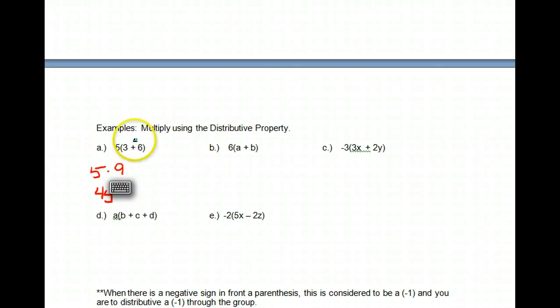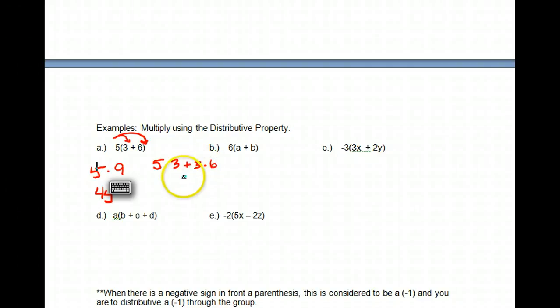So what we're going to do is take the 5 and multiply it to every single term that is inside that set of parentheses. So we would do 5 times 3, and then we would have the plus sign, 5 times 6.